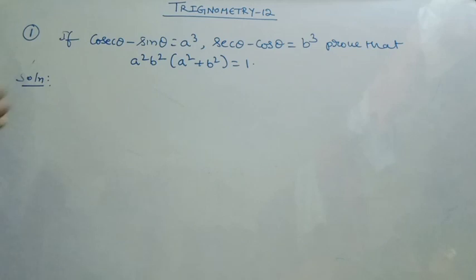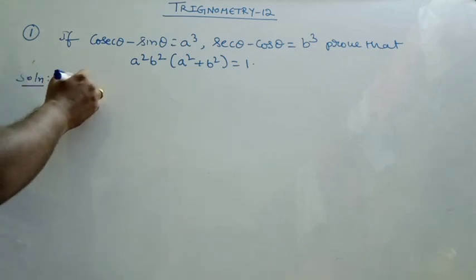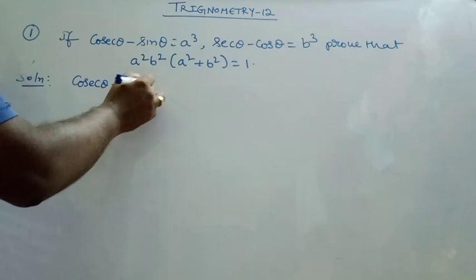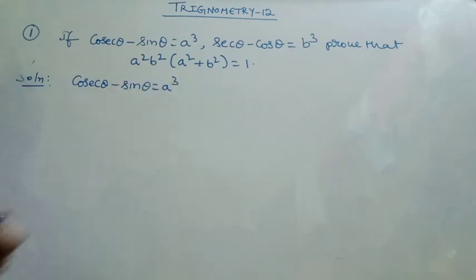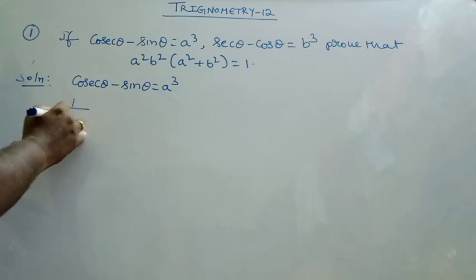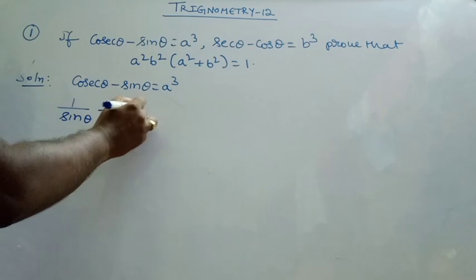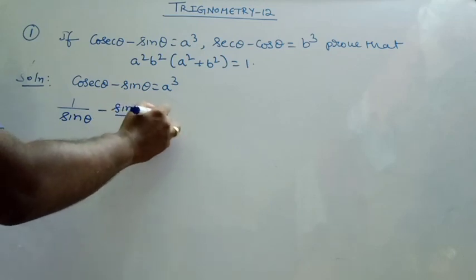Now the first one they have given is that cosecant theta minus sin theta is equal to a cube. Cosecant theta is 1 by sin theta, so 1 by sin theta minus sin theta, by 1, is equal to a cube.